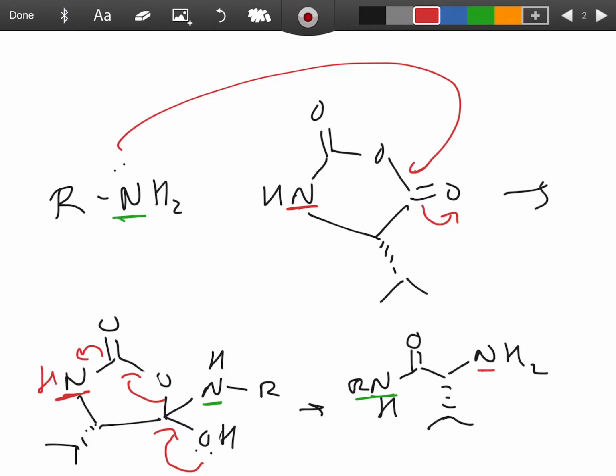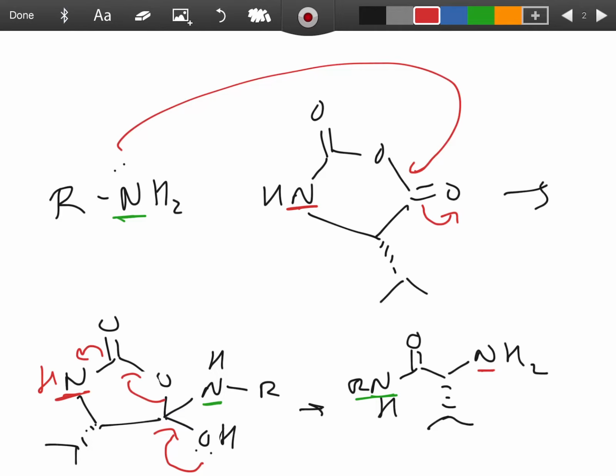It adds to the C of the OCN, and then you add that group on. And then the lithium hydroxide just saponifies this ester and turns it into an acid. So that is that.